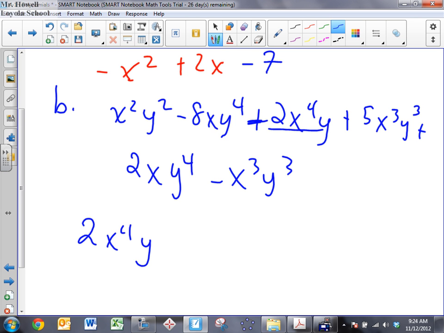Somebody else? Very good. So 5 minus 1 is? Good. So we have plus 4x cubed y cubed. Well done. Next.